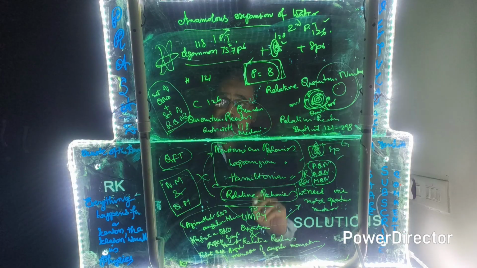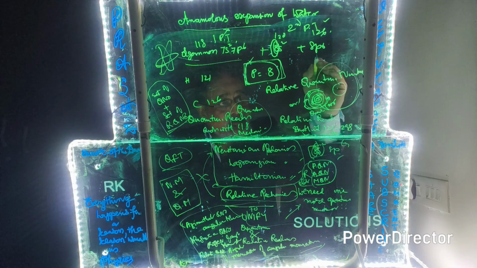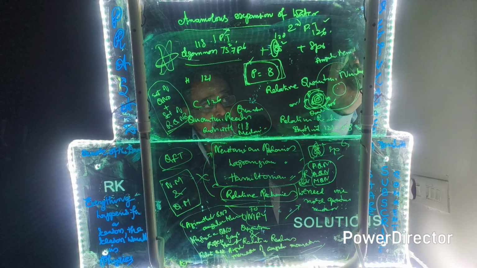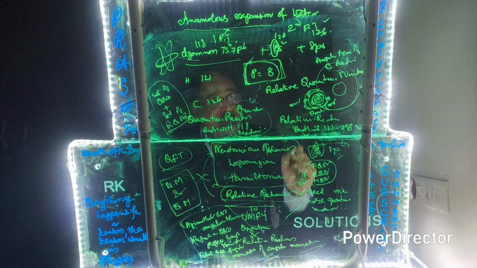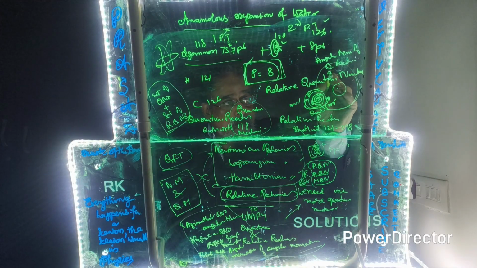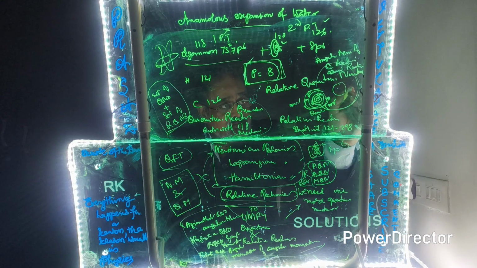So one more quantum number at least to define the angular momentum of the quantum world, the quantum realm, around the relative C6, let's say.